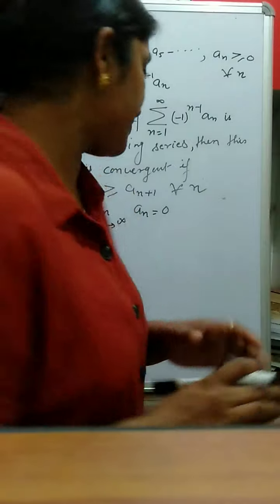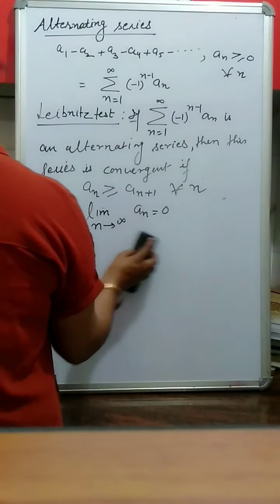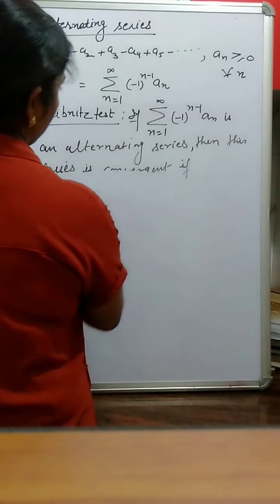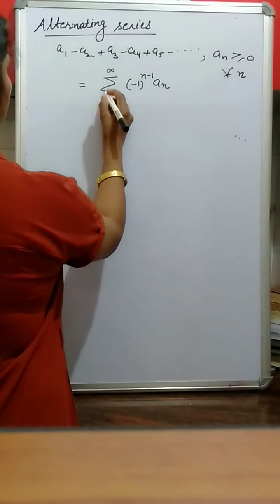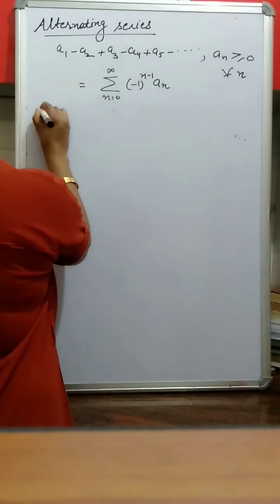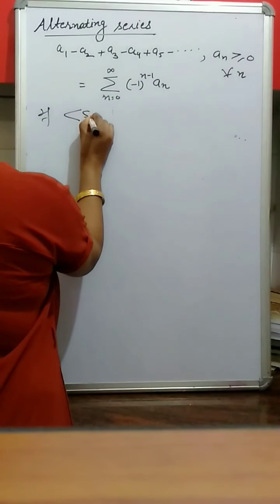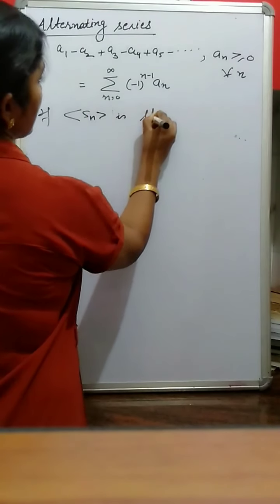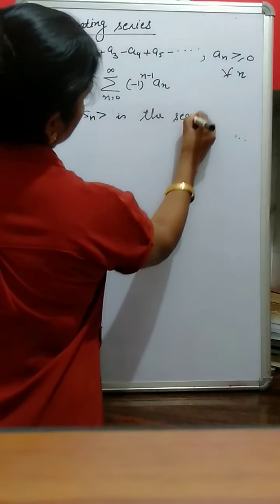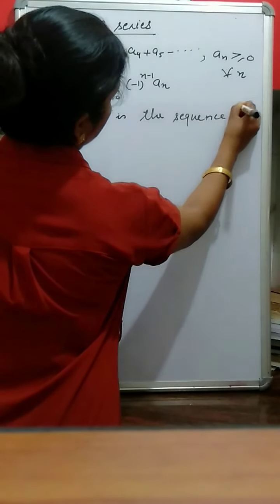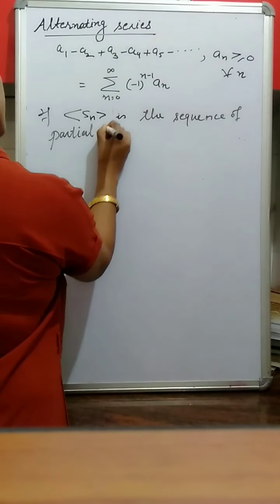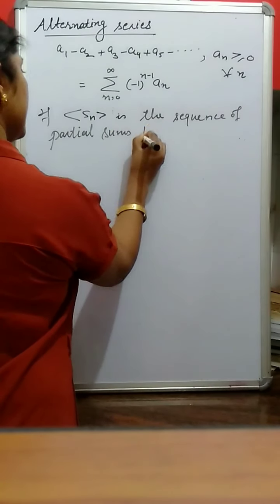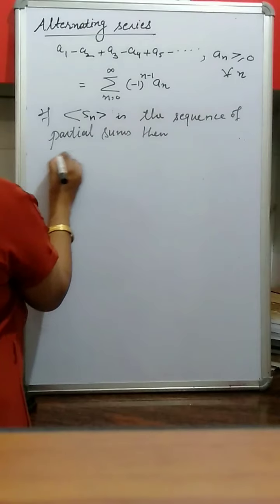Okay, so let us first find the sum of the first 2n terms of this series. If Sn denotes the sequence of partial sums, then what do we have?